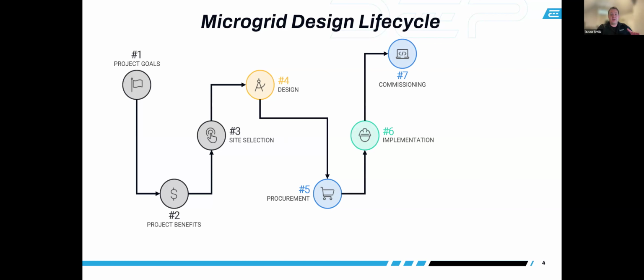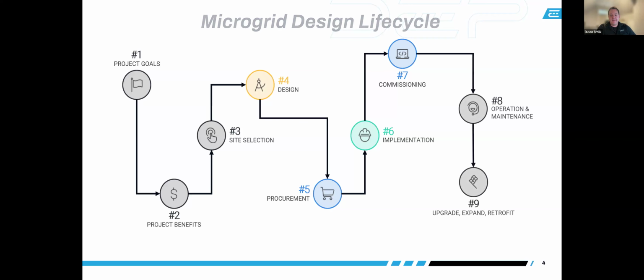And then you also test the system as a whole, run it through its paces before you hand them off. So make sure it works in all worst case scenarios as it was intended to design. And once that happens, you can hand over the keys to somebody for operation and maintenance. And if you're really, really lucky, you get to upgrade or expand or retrofit your microgrid.